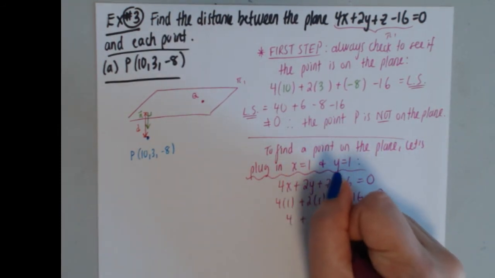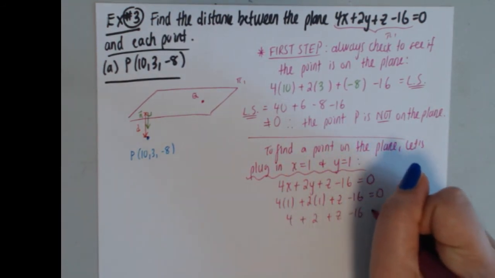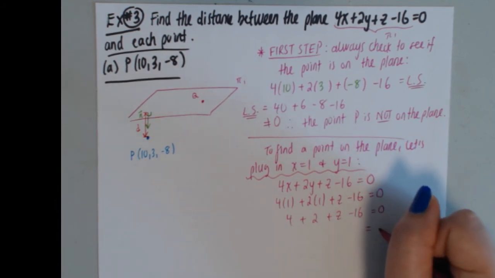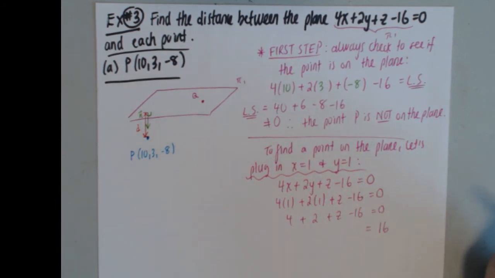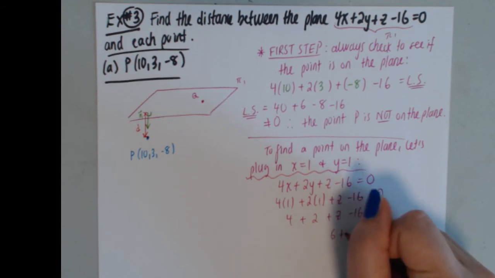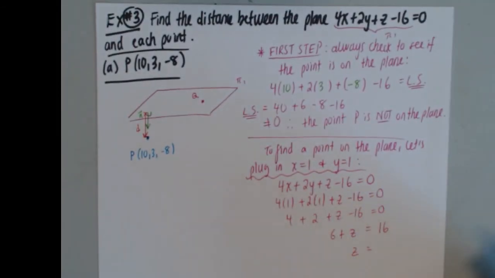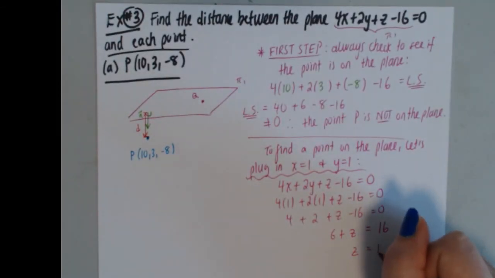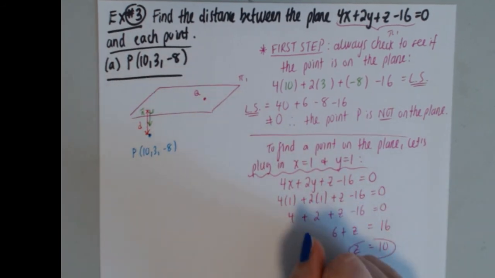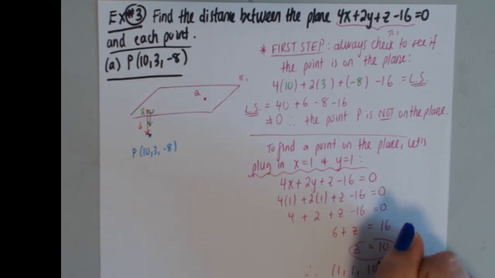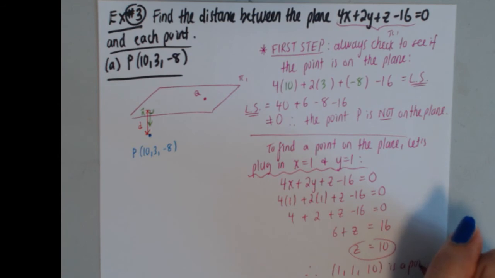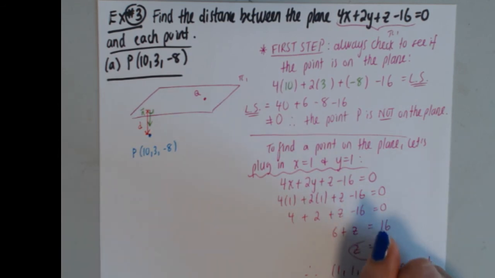So 4 plus 2 plus z minus 16 equals 0. Let's bring the minus 16 to the right, so that's positive 16, and we have 6 on the left. 6 plus z, so subtract 6 from left and right, we have z equals 10. Therefore, 1, 1, 10 is a point on the plane.